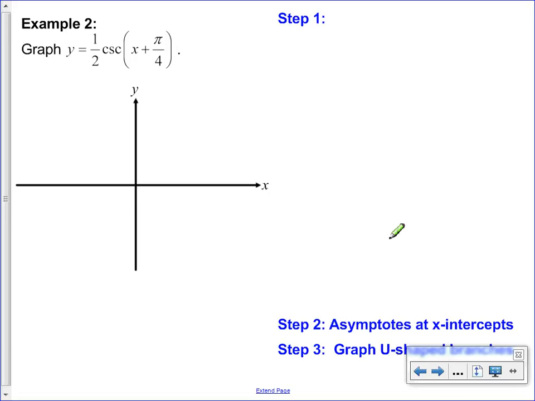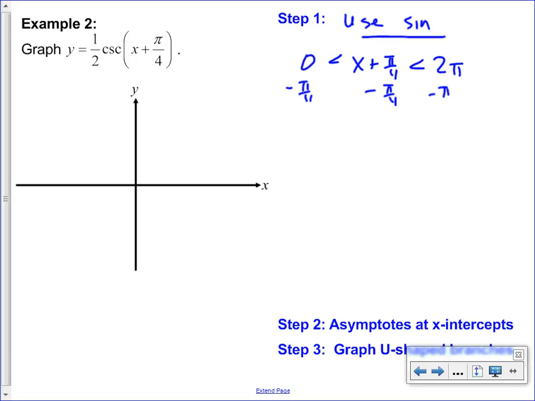For this last one, which function are we using? Sine. Here we go. We're going to use sine. So x plus pi over 4 is between 0 and 2 pi. If you're still having a hard time with this, remember 2 pi is just 8 pi over 4.